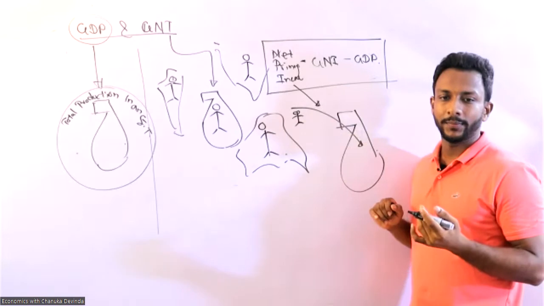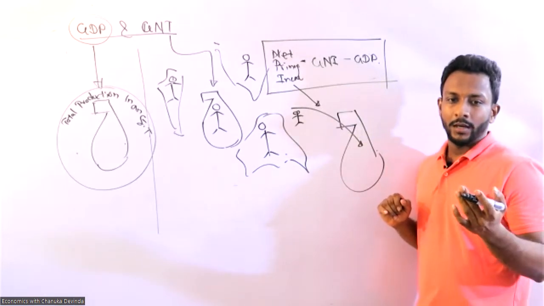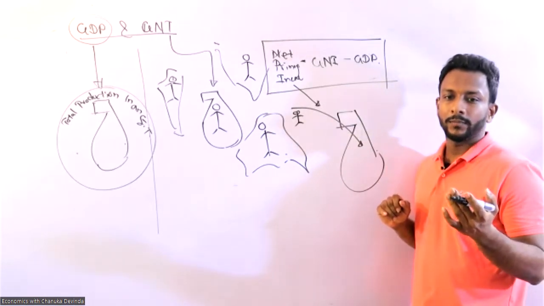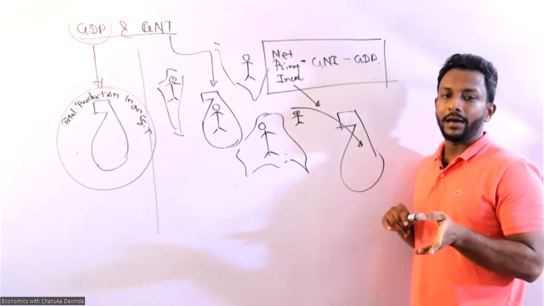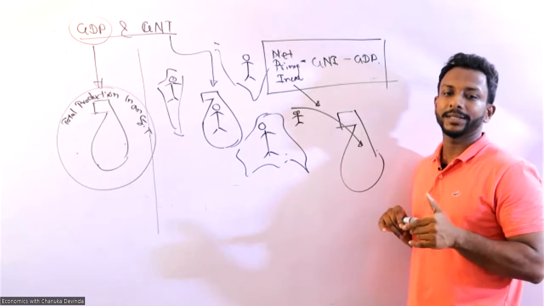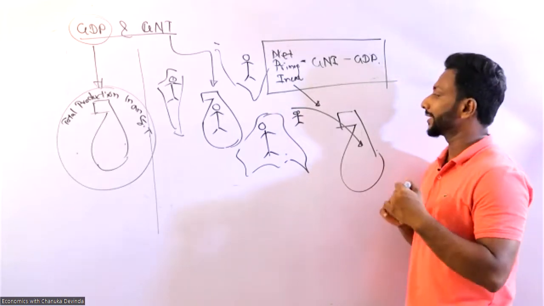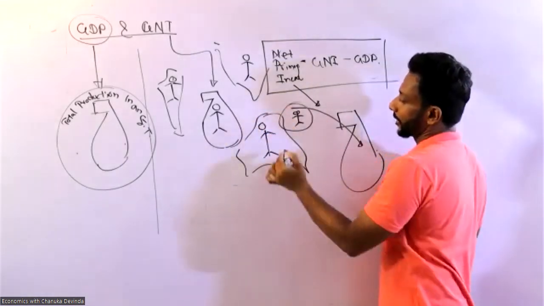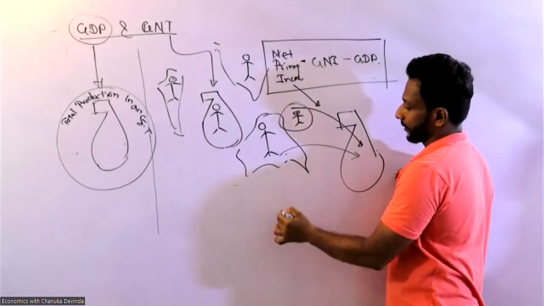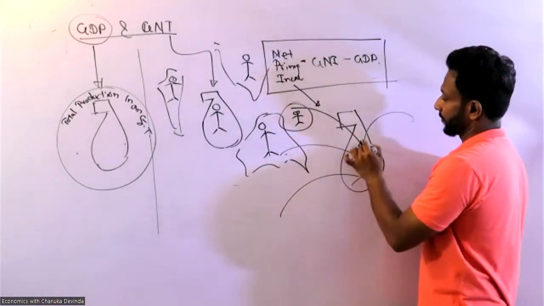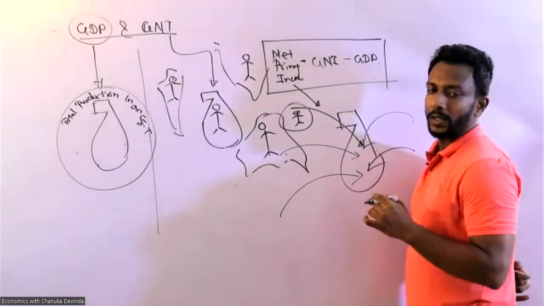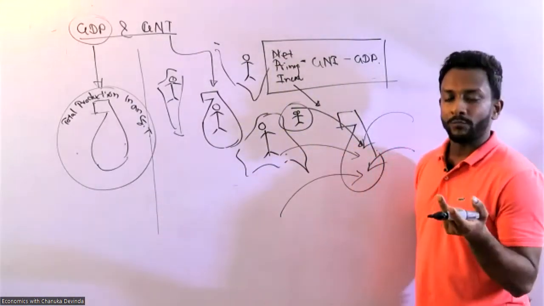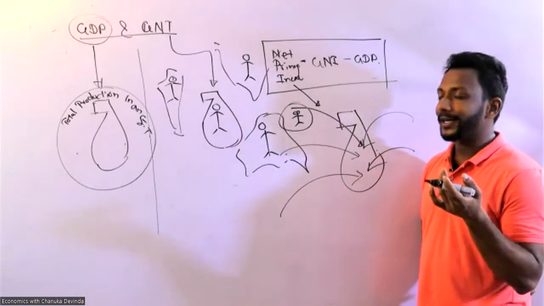Earnings of residents over a period when their factors are utilized in production activities in other foreign countries. So that is the primary income receipt.